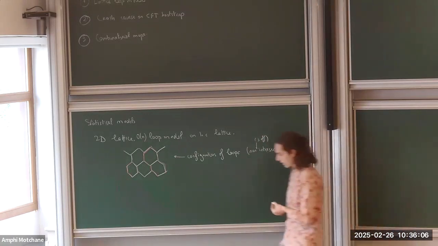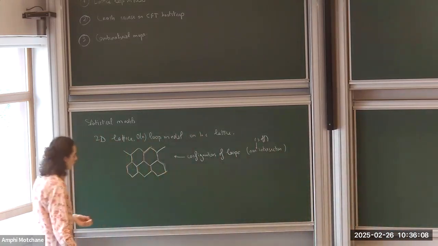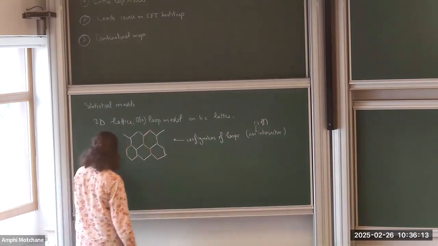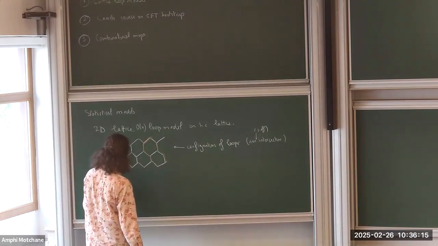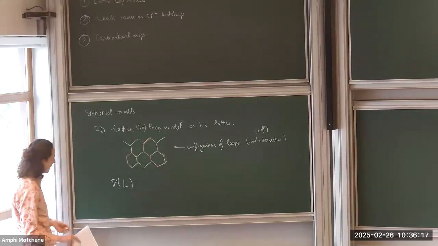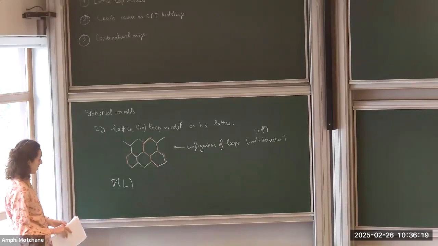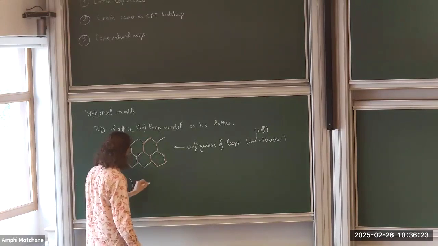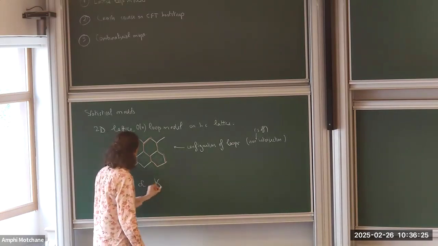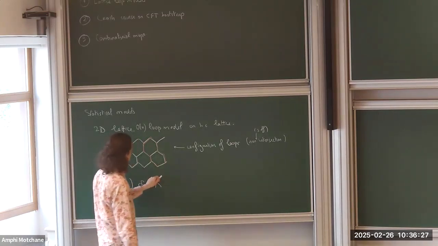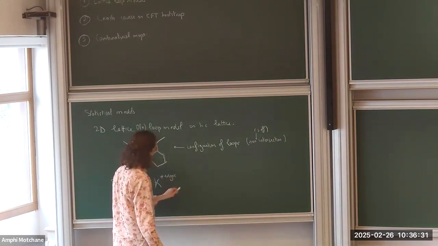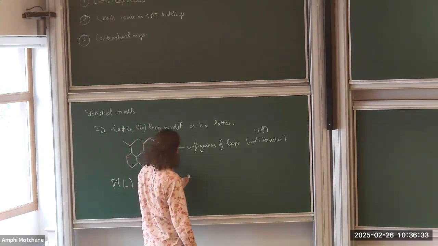These are my configurations, and then I need to give you a probability law to define a statistical model. The probability law is the following. The probability of a certain loop configuration L is just proportional to K, a certain constant K, to the number of edges in this configuration, times N to the number of loops.